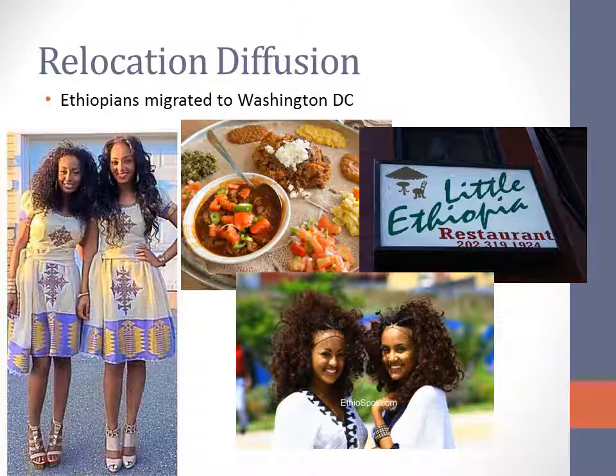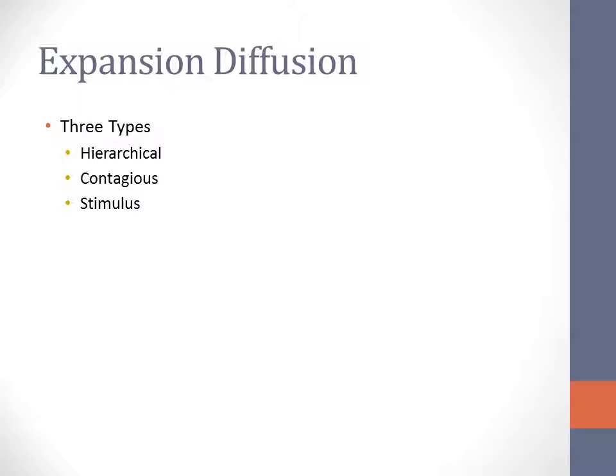They shared their food and they created restaurants. And so the initial diffusion is relocation diffusion. So again, there are three types of expansion diffusion: hierarchical, contagious, and stimulus.